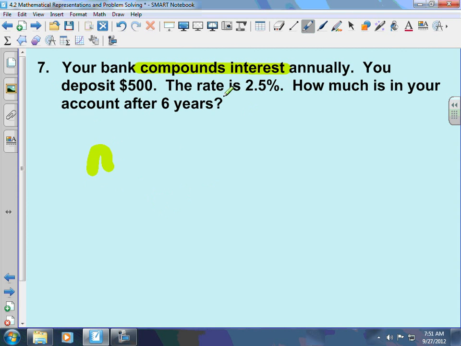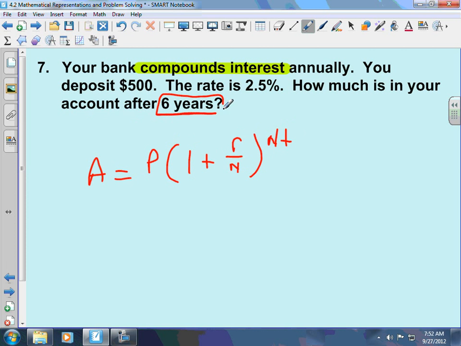Our formula is A equals P, which is our principal, times 1 plus R over N, our rate over the number of times it's compounded annually, all raised to the N times T power. T is the total in years, your total years. So T is going to be 6 years.